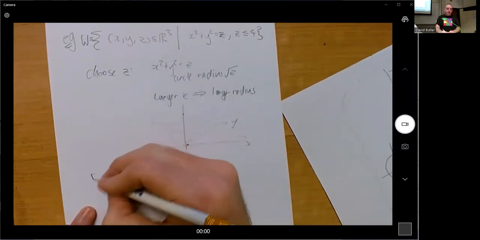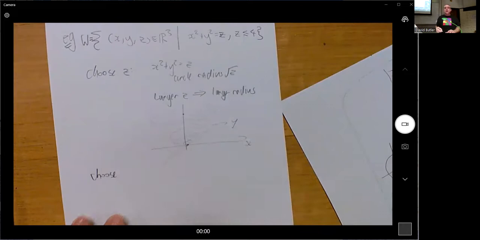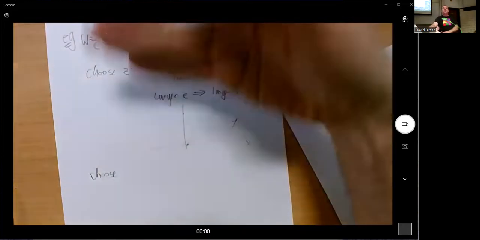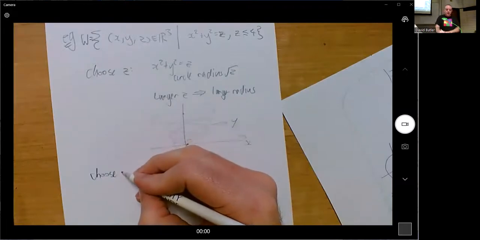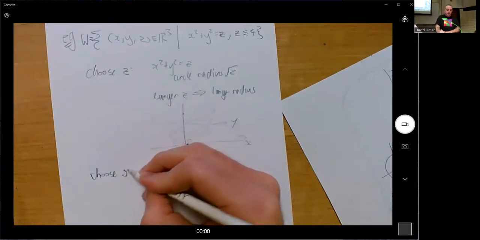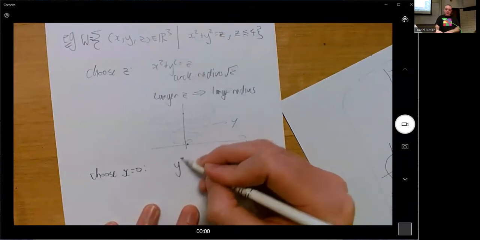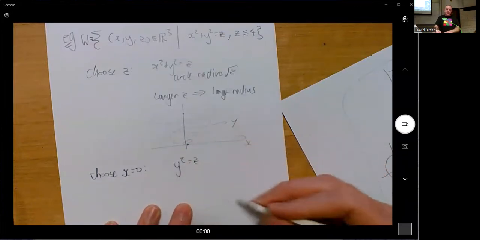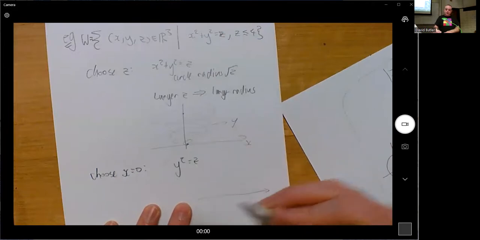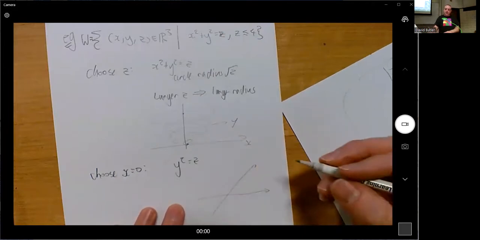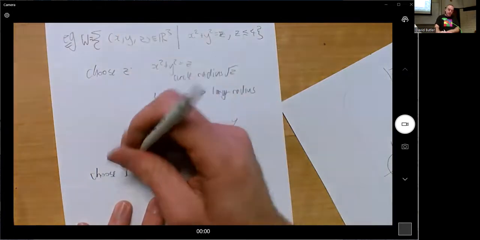So let me just choose a particular value of x and y to see what it looks like when I slice it vertically. So I'm going to choose x equals 0. And then I'm going to get y squared equals z. I should have chosen y equals 0, so I'm going to choose y equals 0, sorry.